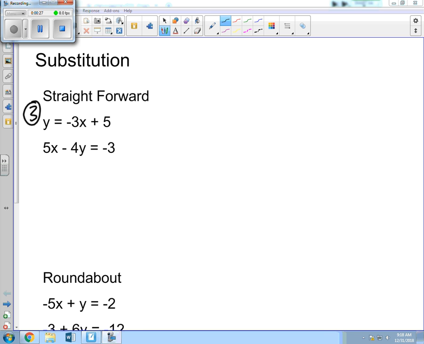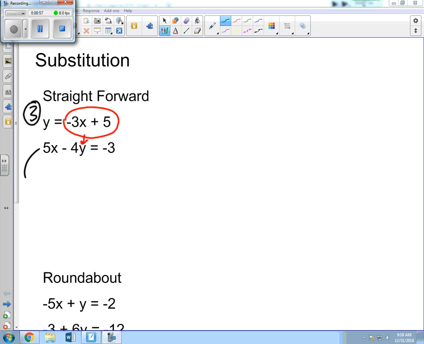Okay, so in the word substitution, that means I'm going to substitute one thing for another. So if I told you y equals, let's say 10, you know that you would typically just plug in y here into 10, and you would just make it 4 times 10. So instead of replacing it with just a number, we're going to substitute it with a whole expression.